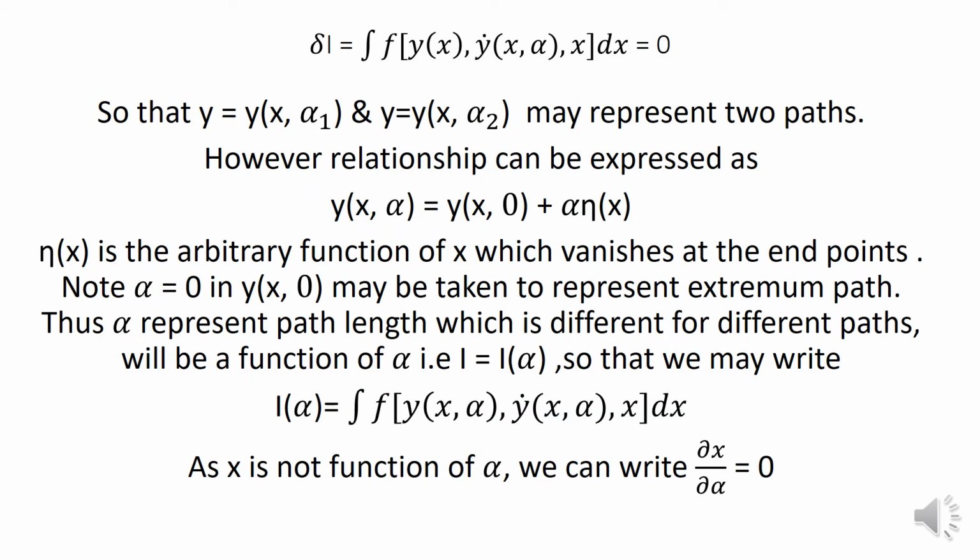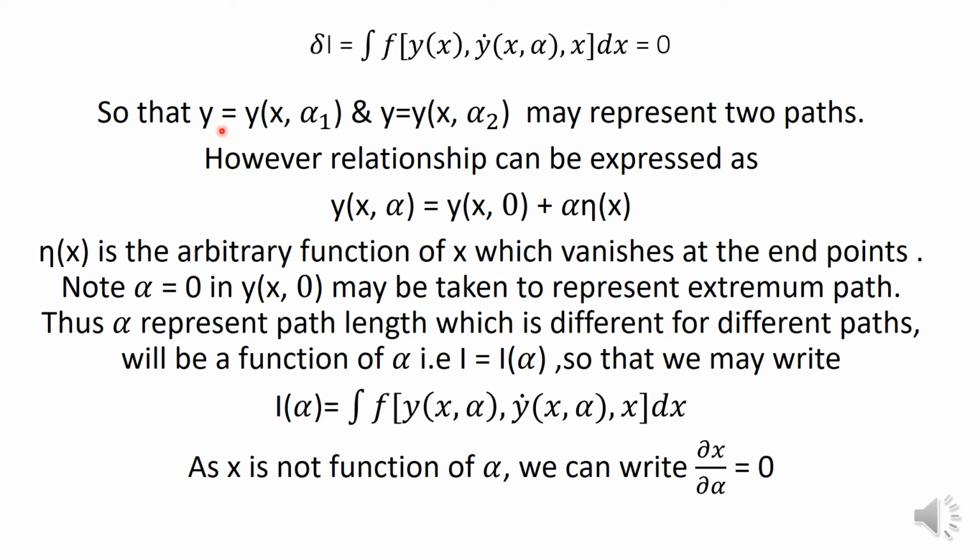So delta I equals integral f of y comma y dot, a function of x comma alpha, dx equals 0, so that y equals y(x, alpha 1) and y equals y(x, alpha 2) may represent two paths.